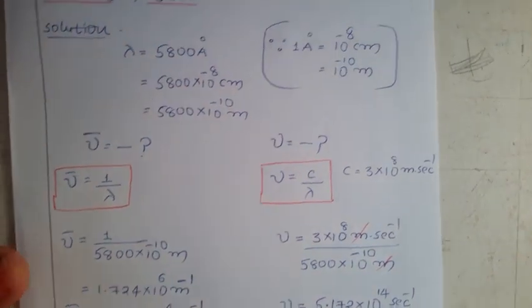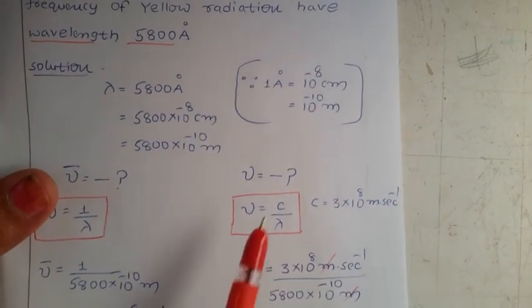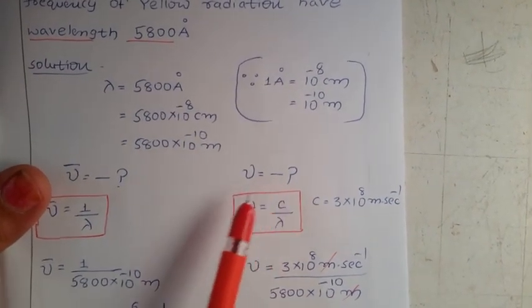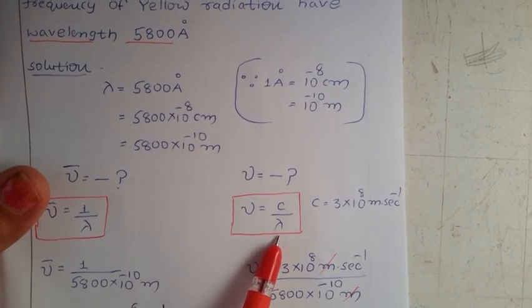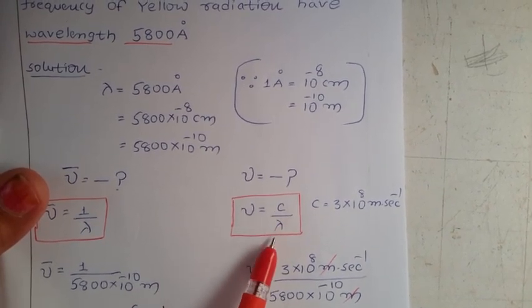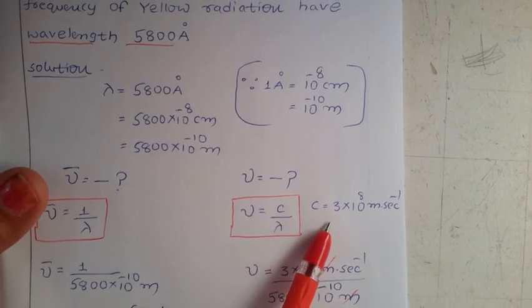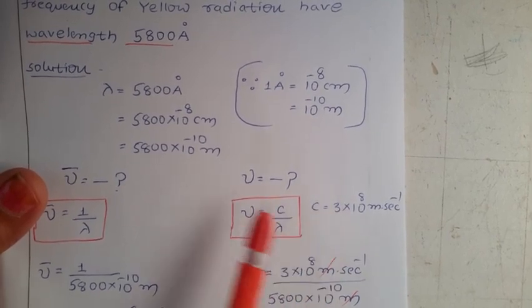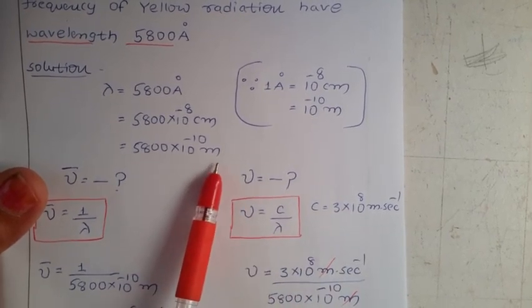Now the next question is about the frequency. What is the relation between the frequency and lambda? We have mu equals C by lambda. The C value we have to remember by default. Here the units of lambda are in meters, so C is also taken in meters. Substituting, mu equals 3 × 10^8 meters per second, the C value, divided by lambda, which is 5800 × 10^-10 meters.